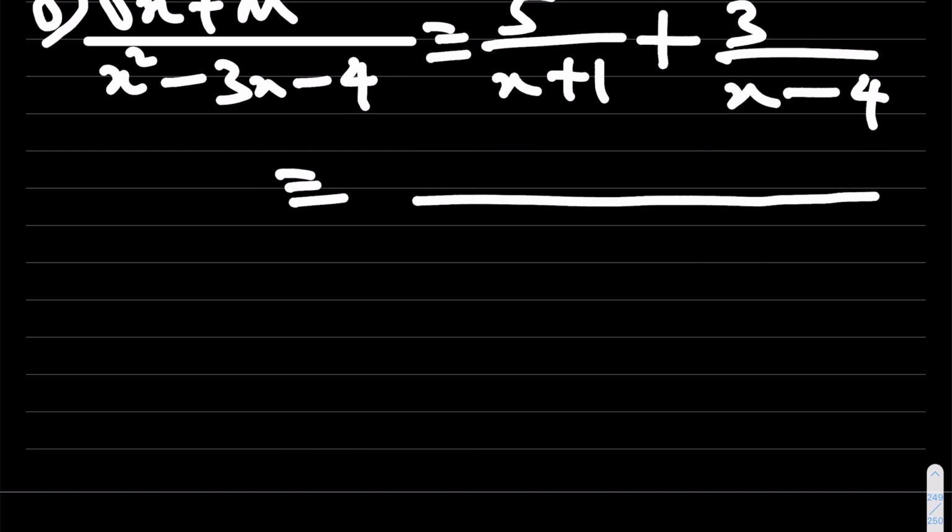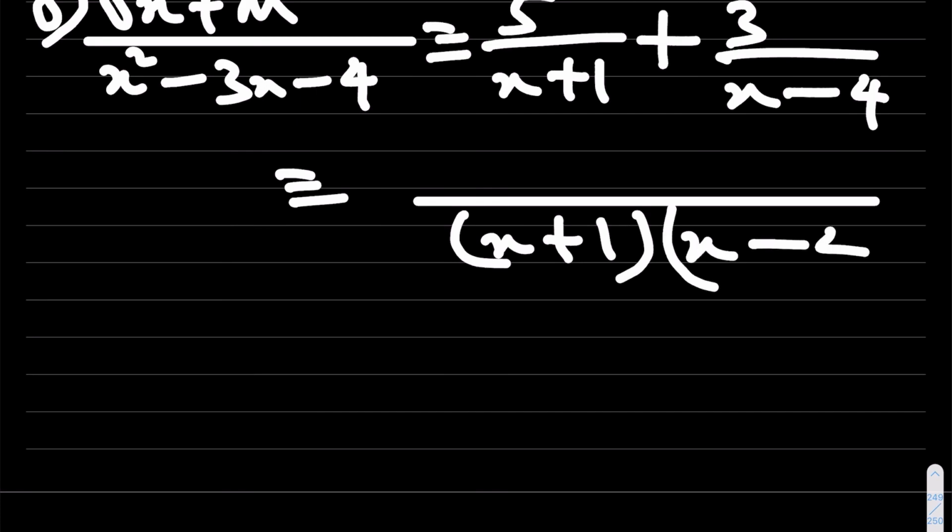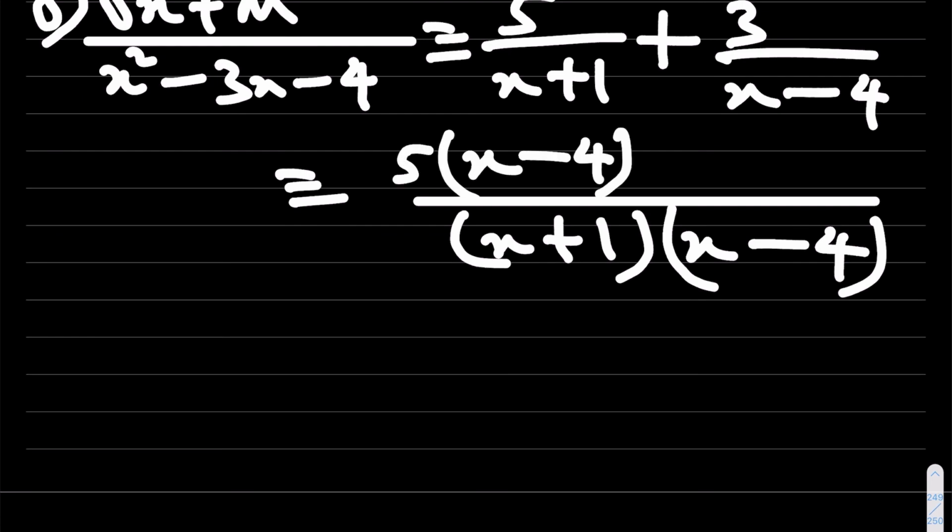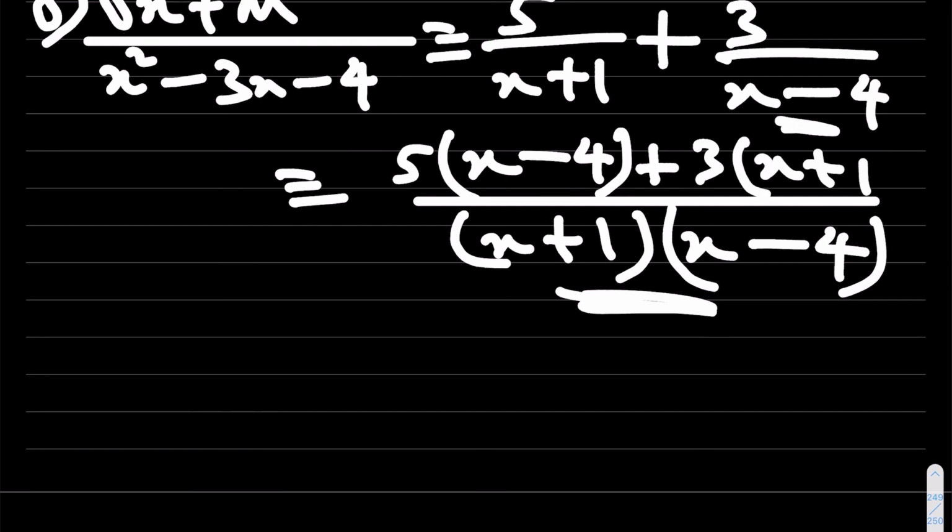Let's find the LCM, which is x plus 1 times x minus 4. When we divide this by x plus 1, we get x minus 4, and we multiply that by 5, which means 5 into bracket x minus 4, plus, if you divide this LCM by x minus 4, we get x plus 1 and multiply that by 3, 3 into bracket x plus 1.